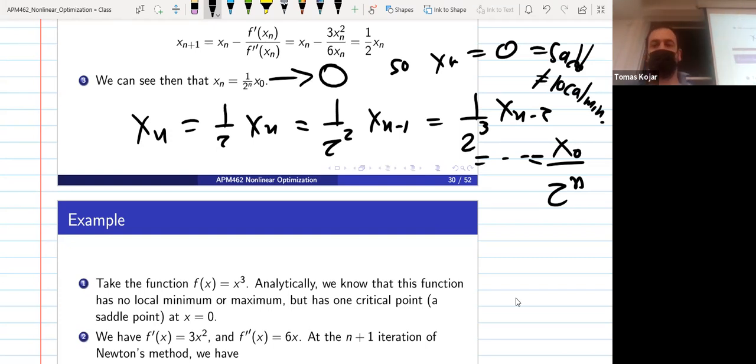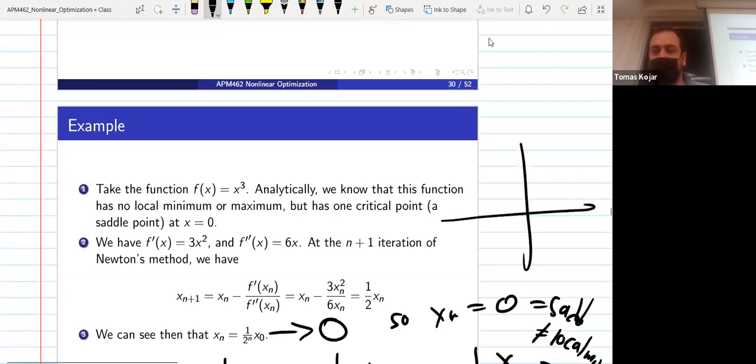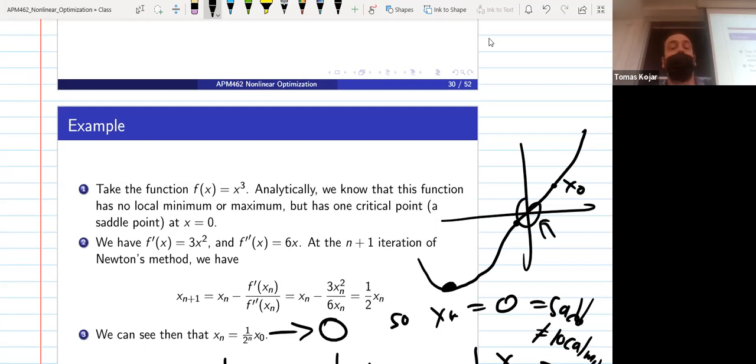Because I should have made the function more complicated. So I could have made it locally like this, and then maybe have a local min. I could have done this, right? So I could have had some local min here. I will find it. I'll do it for you to see it, and it will still have gone there because Newton's method is local.